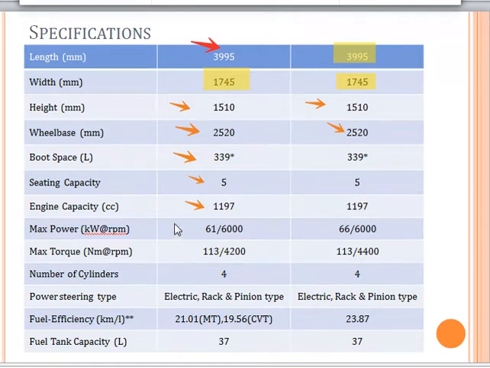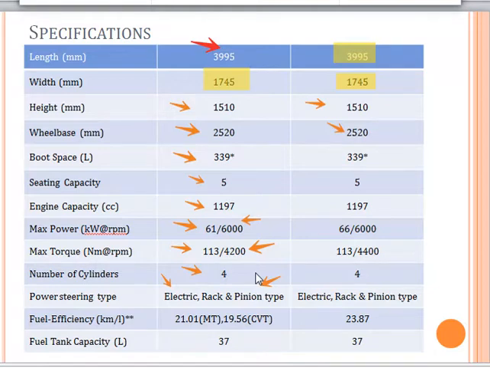Power max, so what is the power of the engine? 61 kilowatts at 6000 rpm. What is the torque? 113 newton meters at 4200 rpm. Number of cylinders is 4. The steering system is electric steering, rack and pinion type, which means the rack and pinion assistance is done by an electric motor.